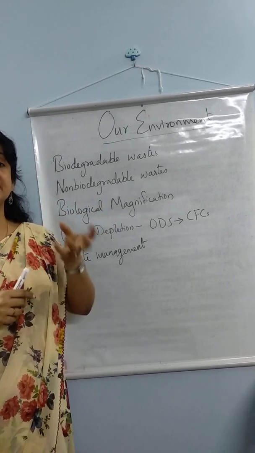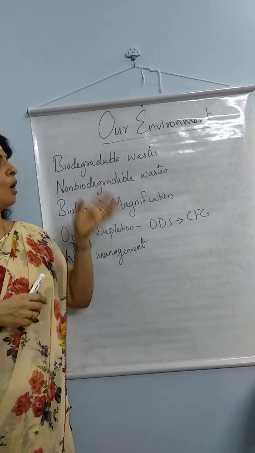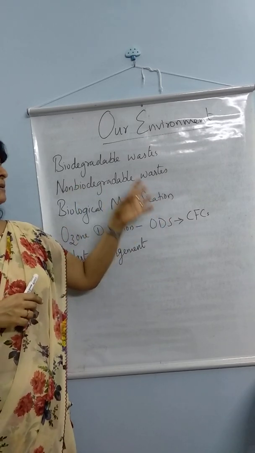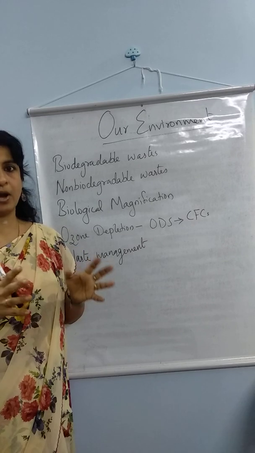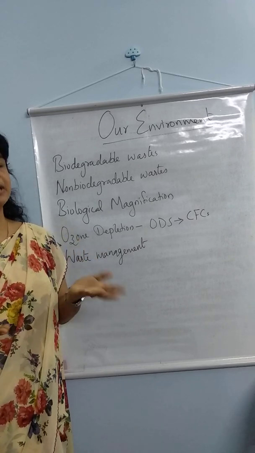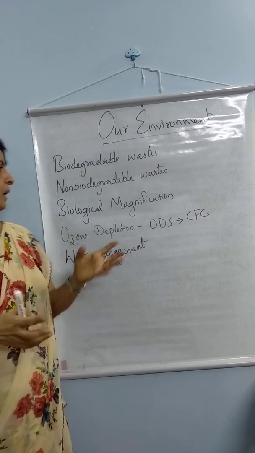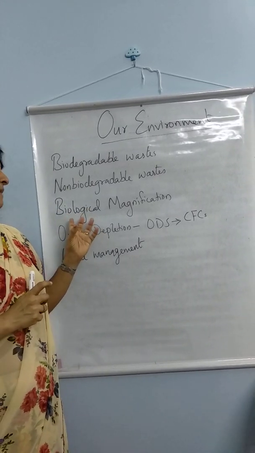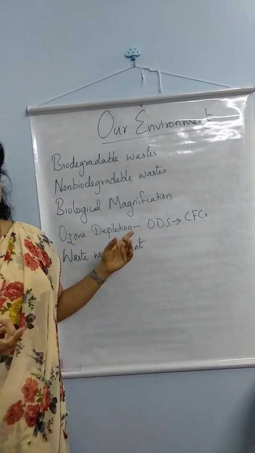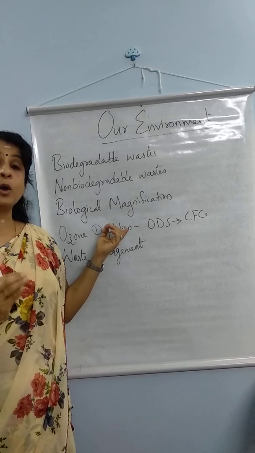Even chemicals like DDT, everybody എന്ന് പറയുന്ന സംഭവം. All these are non-biodegradable waste because once it comes to the soil or to our environment, it will not get broken down. Okay.